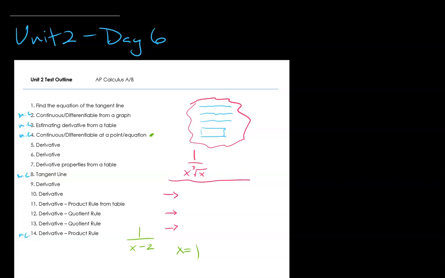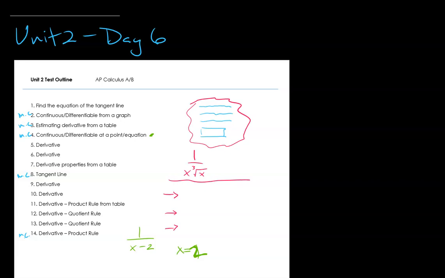At x equals 1, it is continuous, and it is differentiable. At x equals 2, it is not continuous, and because it's not continuous, it's automatically not differentiable.